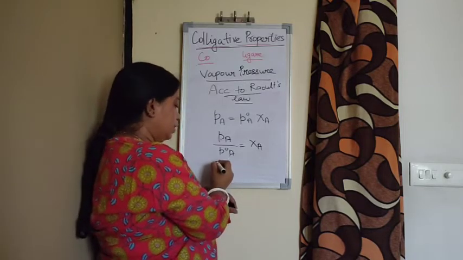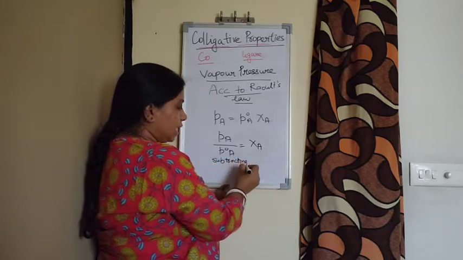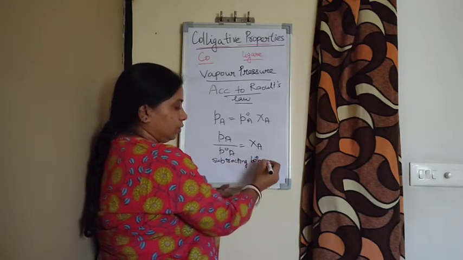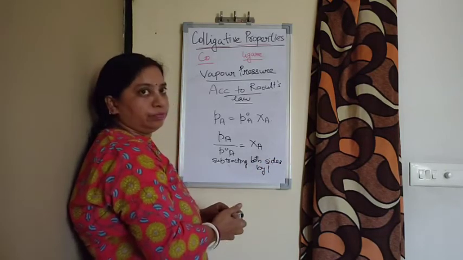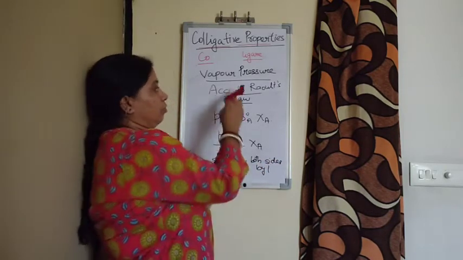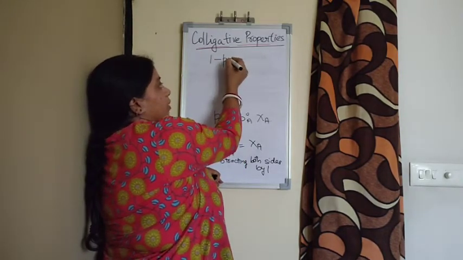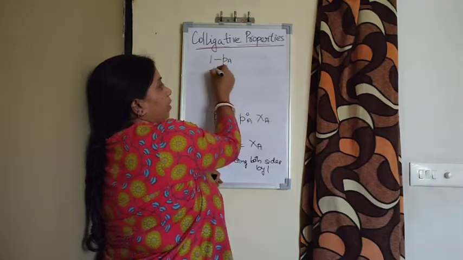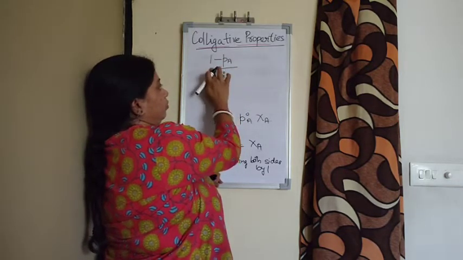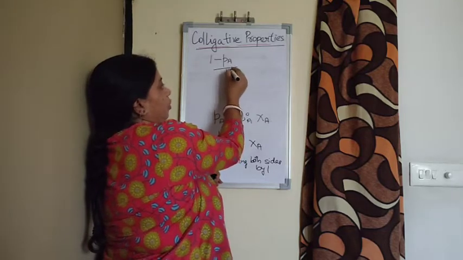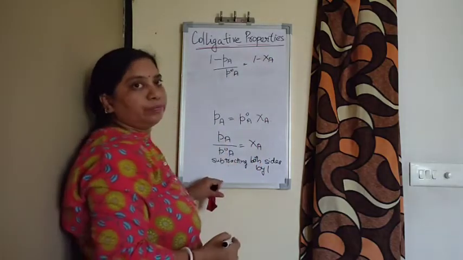Now if we subtract both sides from 1, the equation becomes 1 minus PA upon P naught A is equal to 1 minus XA.